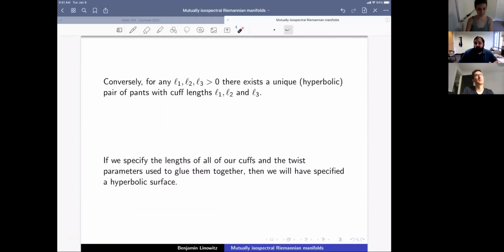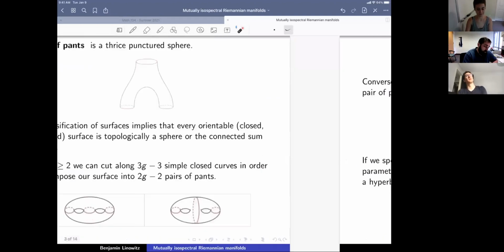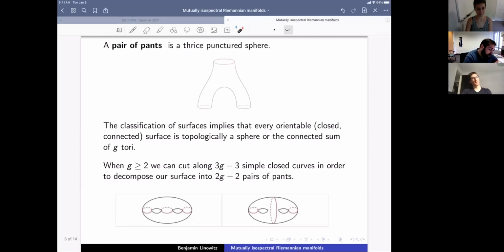Conversely, given any 3 positive numbers, there's always a unique hyperbolic pair of pants with cuff lengths equal to those 3 numbers. By cuff length, I mean each of these cuffs is going to become a geodesic in the surface.